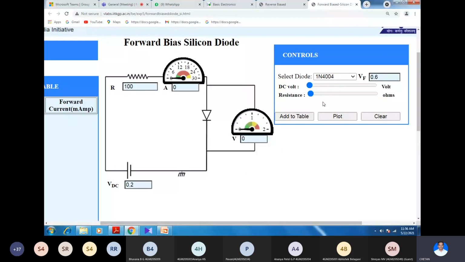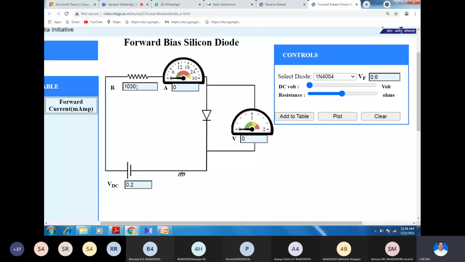I will keep some value for this resistance, around 1000. It means that it is 1 kilo ohm. So the resistance I have kept is 1 kilo ohm.